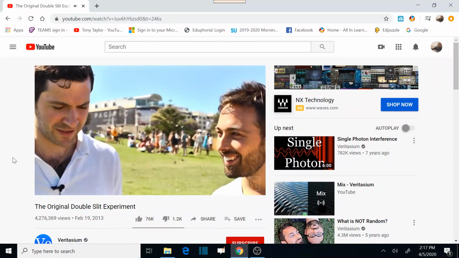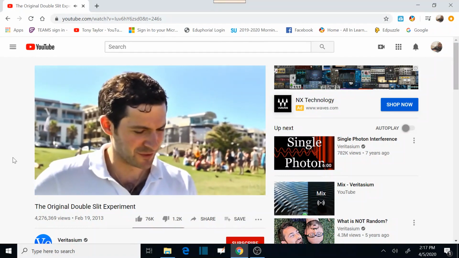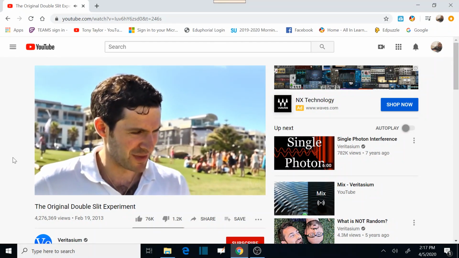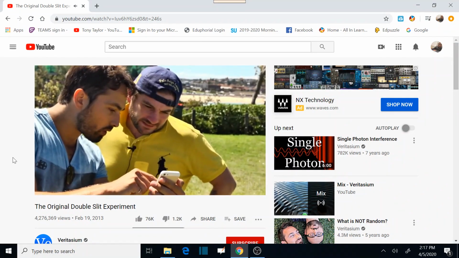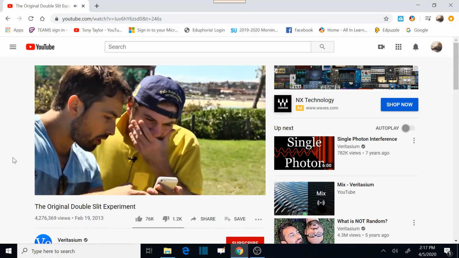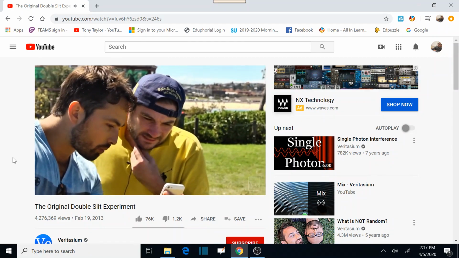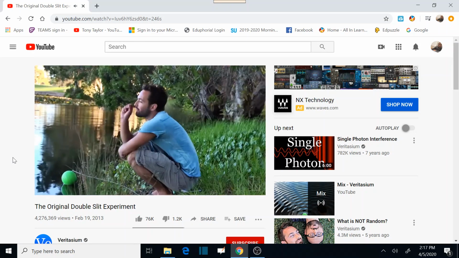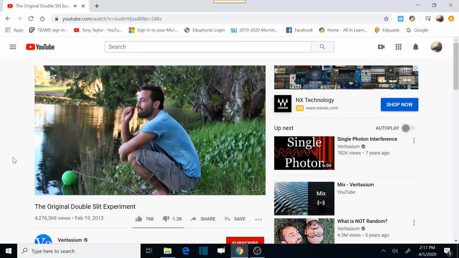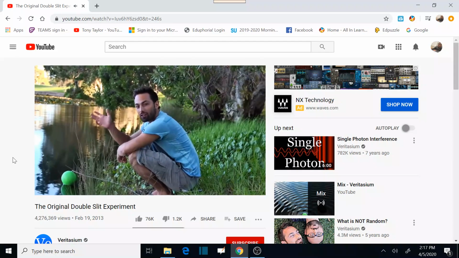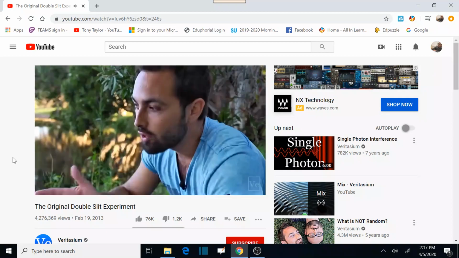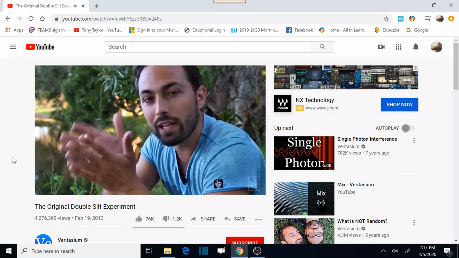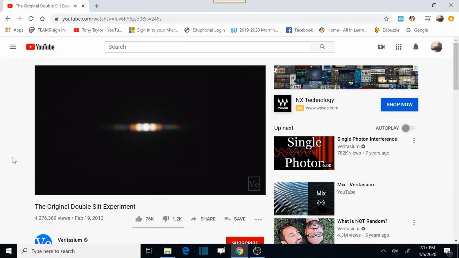This is basically the same as having two drops of water fall in a swimming pool. And then they overlap. As this ripple overlaps with those ripples down the bottom, you get a bright spot, and then a dark spot, and then a bright spot, then a dark spot, then a bright spot. Now there's a slight complication, which is that sunlight is composed of many different colors, and they have different wavelengths. So obviously they're going to meet up at slightly different points. And that's what caused the rainbowing effects as we go further from the central maximum.